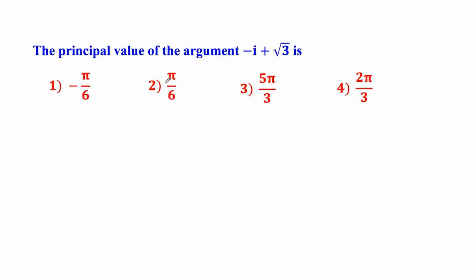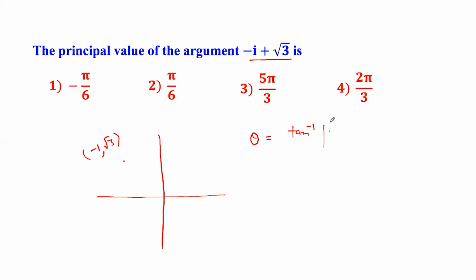But in the second question, x is negative and y is positive. The point is minus 1 comma root 3, and then we have to decide. First we take theta equal to tan inverse of the modulus of y by x.